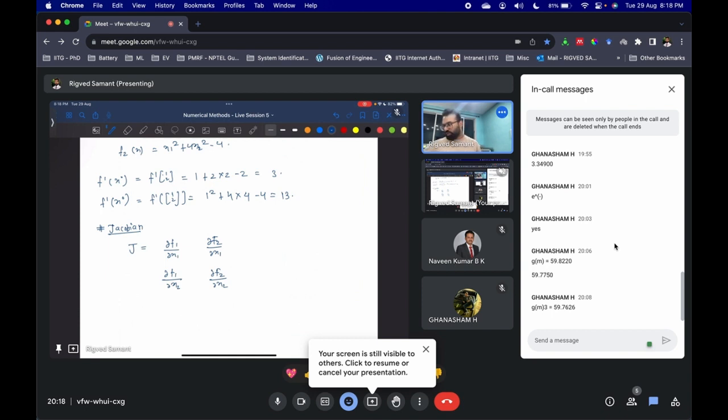The first column is related to x1 only, and the second column has x2 in the denominator.